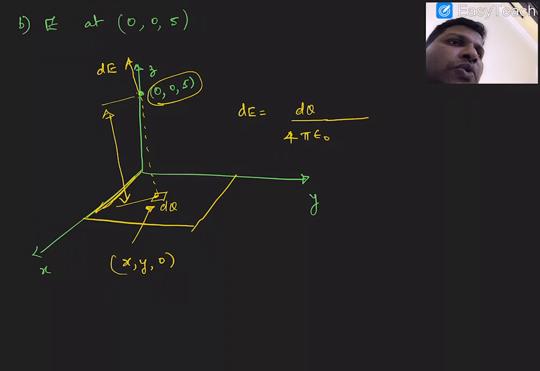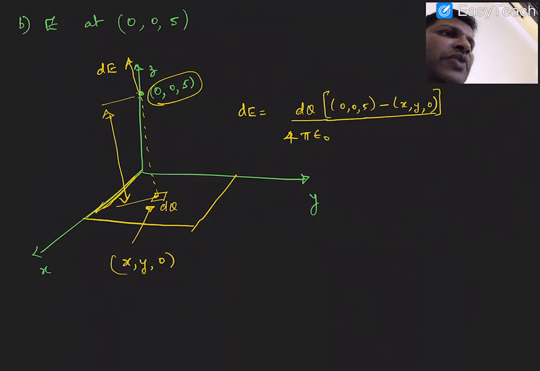So you can get the distance vector as the final point, 0, 0, 5, minus x comma y comma 0. So this will be my vector. This vector divided by the magnitude of this vector.